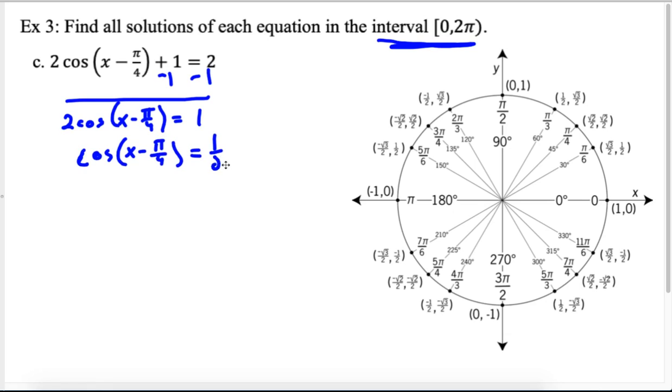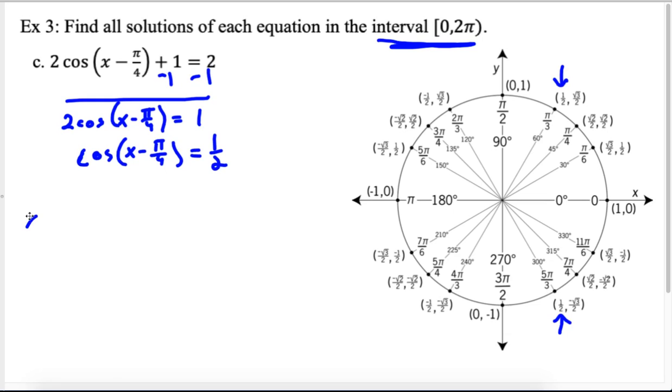Now, my trig function is by itself. Even though I'm subtracting something on the inside, all I really care about is getting the trig function by itself. So now I can go to the unit circle and say cosine equals 1/2 right here and right here, at pi over 3 and 5 pi over 3.